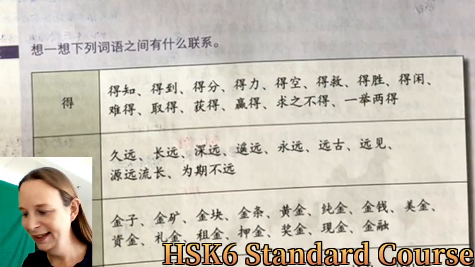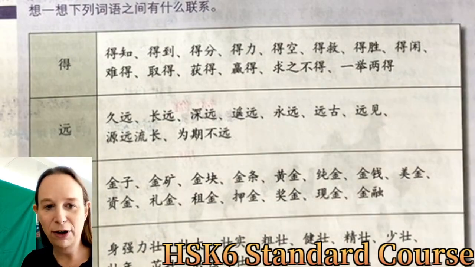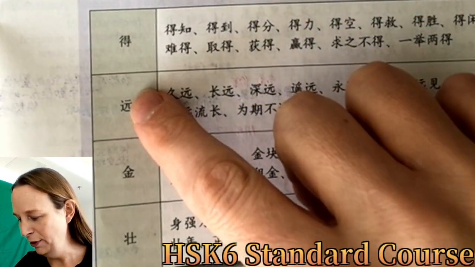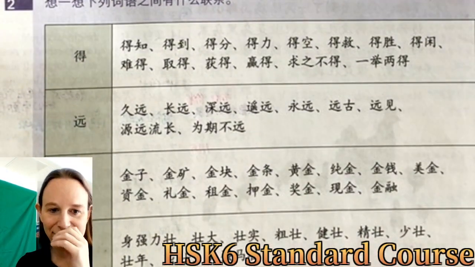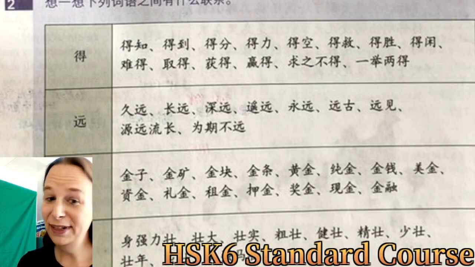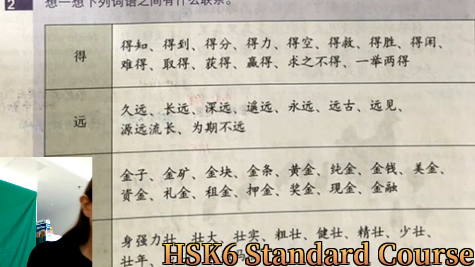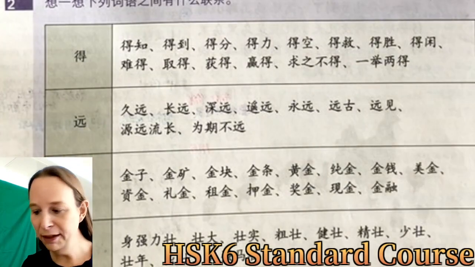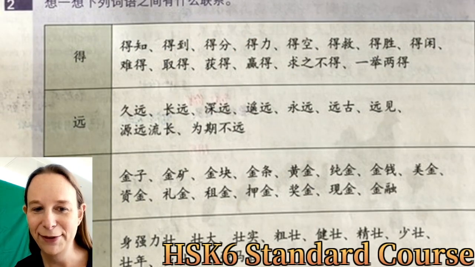All right, next. We study these words which have common characters. These are the four characters: 德, 圆, 金, 壮. Okay. 德 is used in multiple ways in multiple words. Okay, 得知. 得知 is a verb meaning to receive knowledge, right?